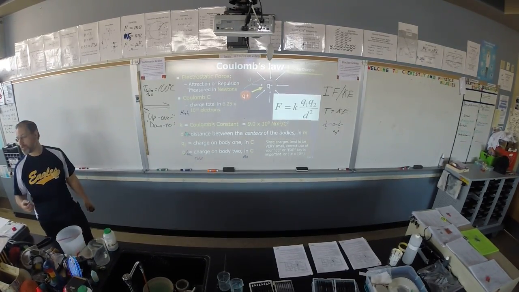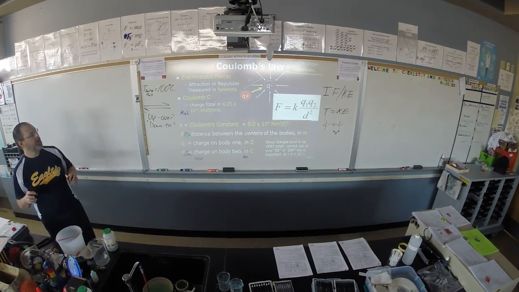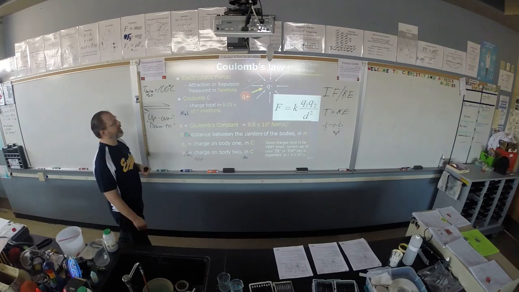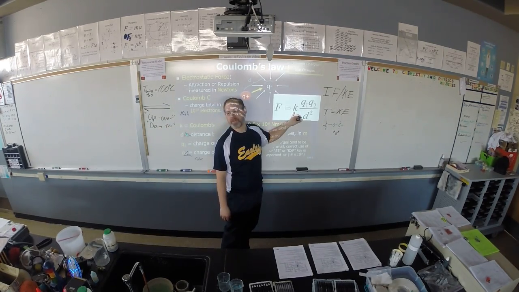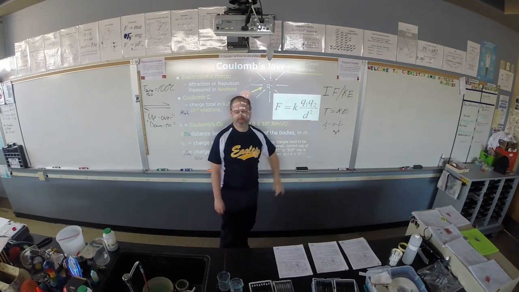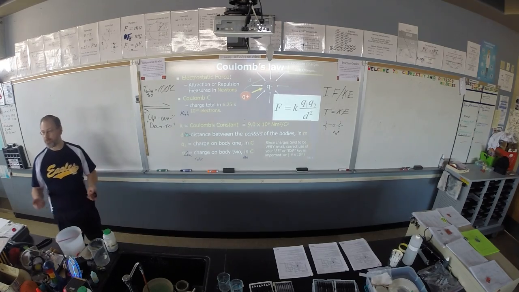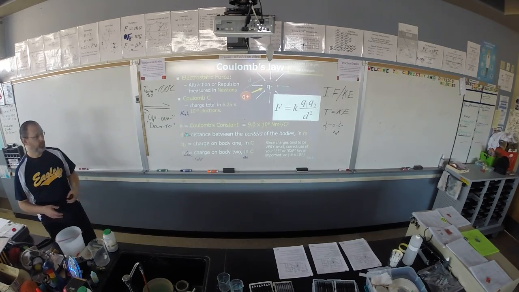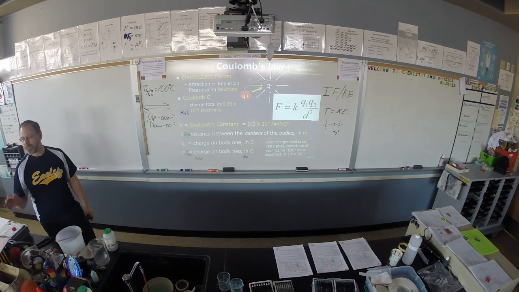When you have two charges in space, then you get an electrostatic force according to Coulomb's law, which is going to be Coulomb's constant, 9 times 10 to the 9, times the charge of body 1, charge of body 2, divided by the distance between their centers squared. It's just like universal gravity with mass. Works exactly the same way. Biggest difference is that universal gravity is always attractive.